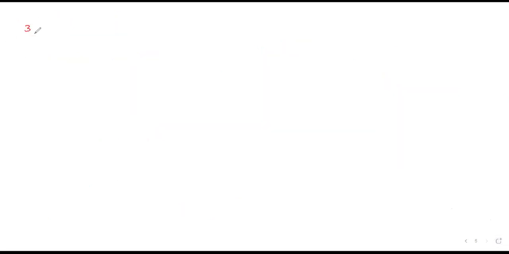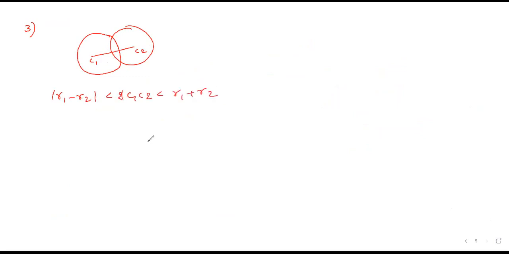Next, the third case. Suppose the two circles intersect each other. Then what is the condition? Same, you have to find the distance between the two centers, C1C2, and compare it with R1 and R2. If the difference is less than C1C2, or the distance C1C2 is less than R1 plus R2, then the two circles intersect at two distinct points.